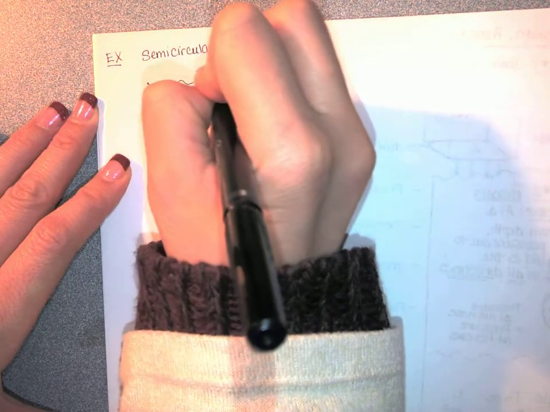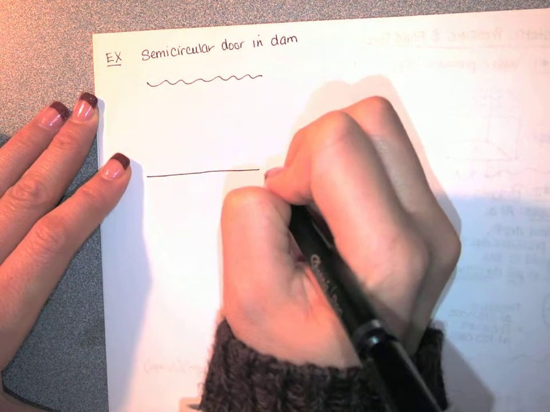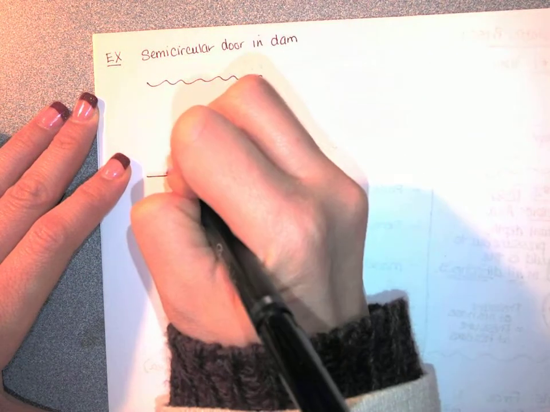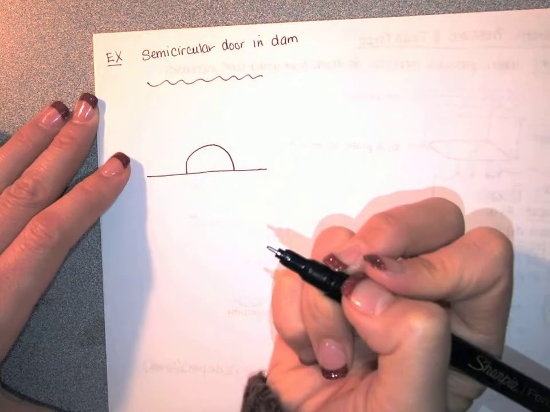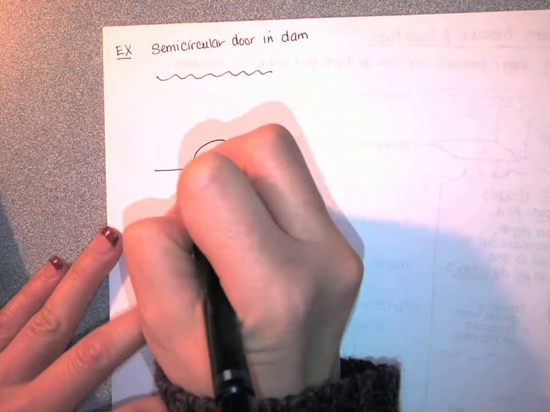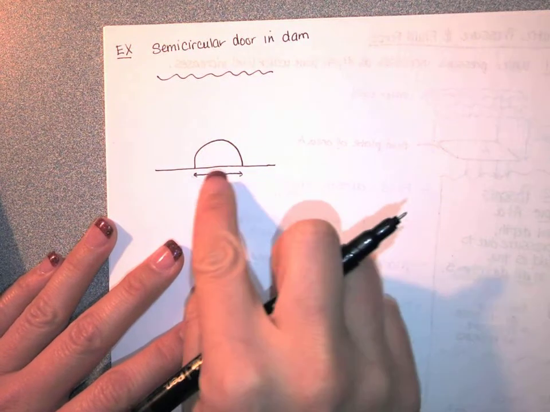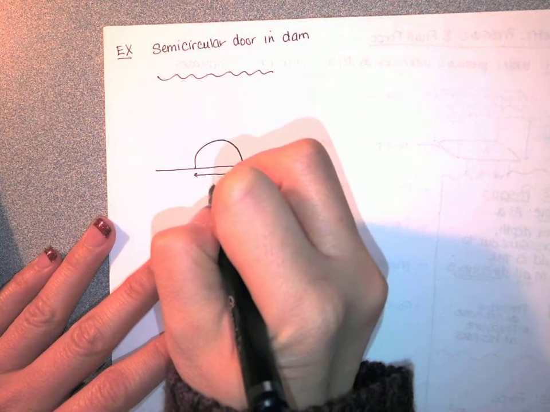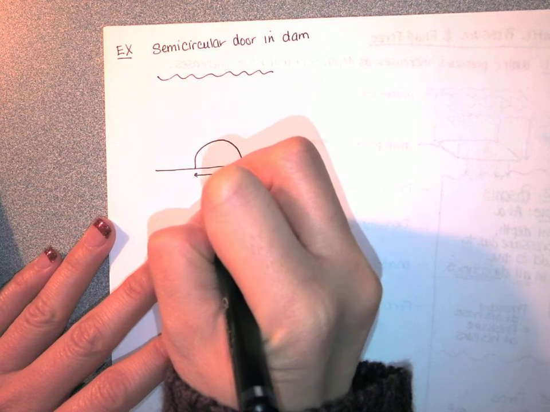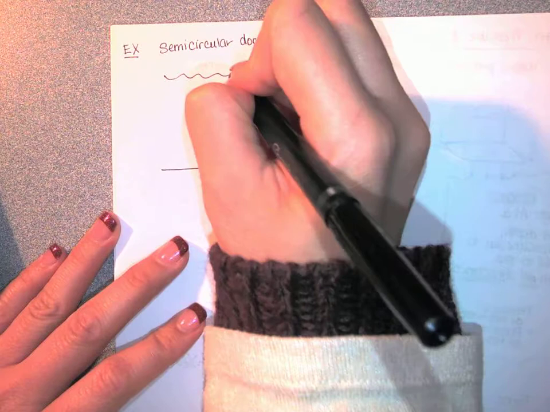And so here's our water level, and far underwater there's a dam that looks like this. And maybe they tell you that this little semicircular door is, let's say, 6 feet across. And this is full of water.